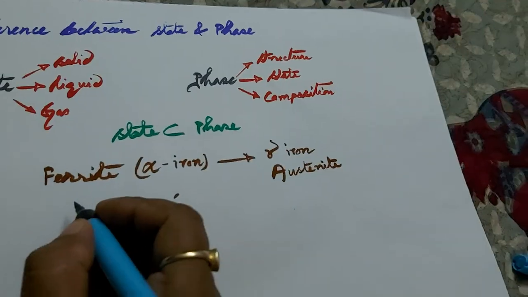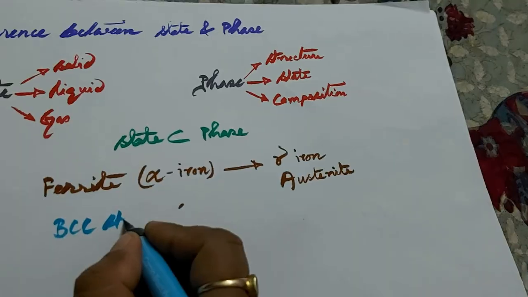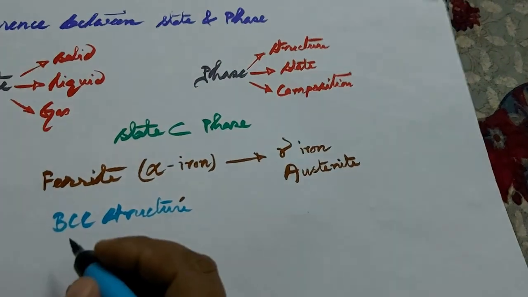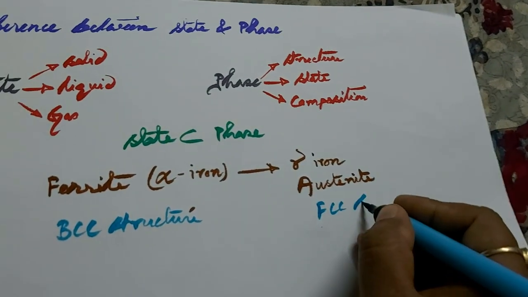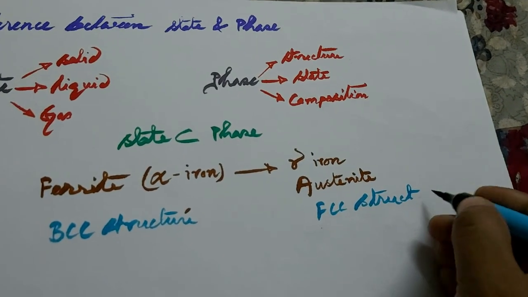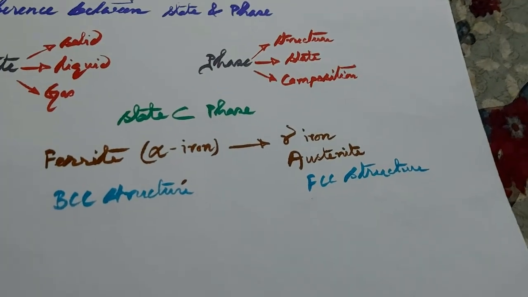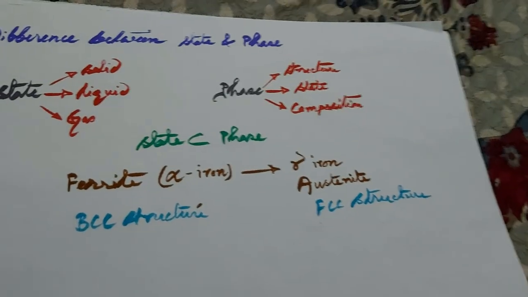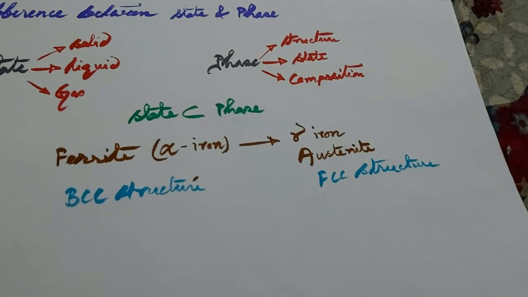This ferrite has BCC structure and austenite has FCC structure. So state of these two phases are same, solid phase, but the structures are different.